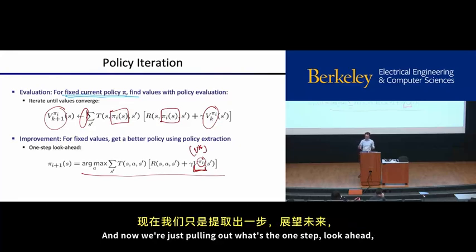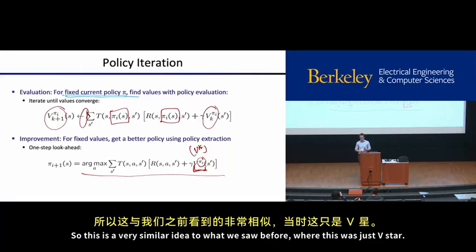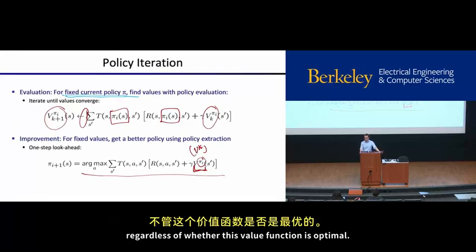And now we're just pulling out the one step look ahead best action I can choose if I was trying to maximize this value function. So this is a very similar idea to what we saw before, where this was just v star, and now we're just saying extract the best policy for this value function, regardless of whether this value function is optimal.